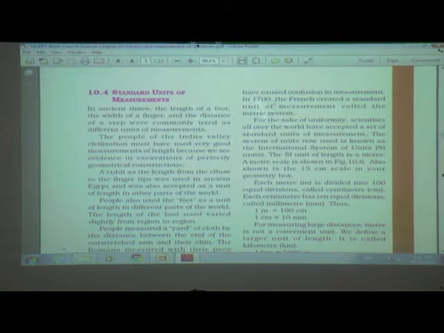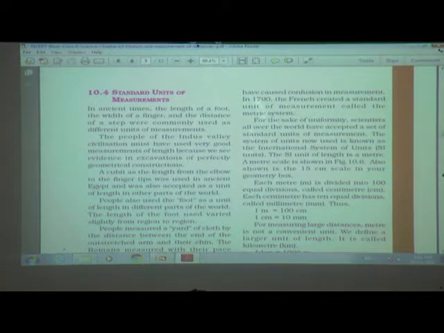In 1790, the French created a standard unit of measurement called the metric system. So students, in 1790, the French created a standard unit. It is called the metric system.